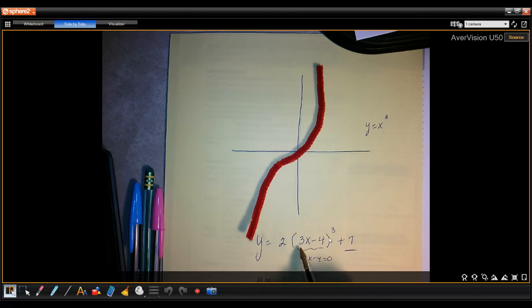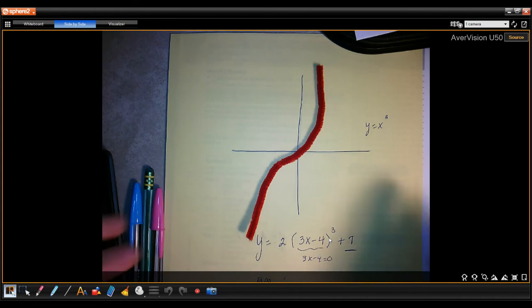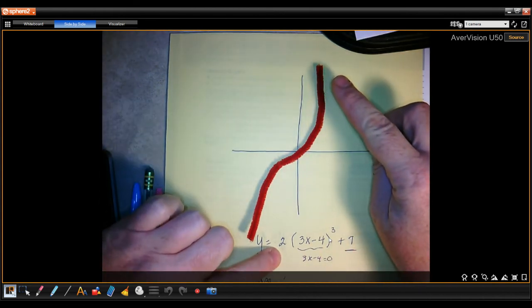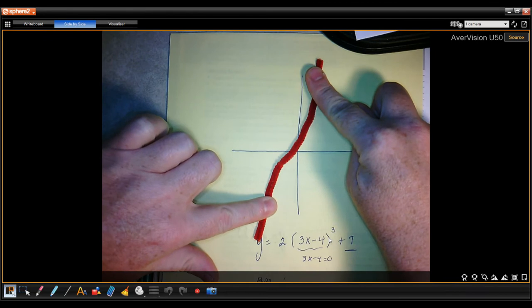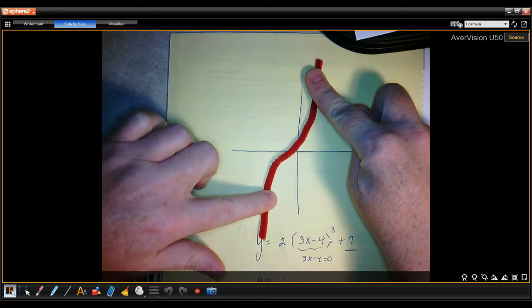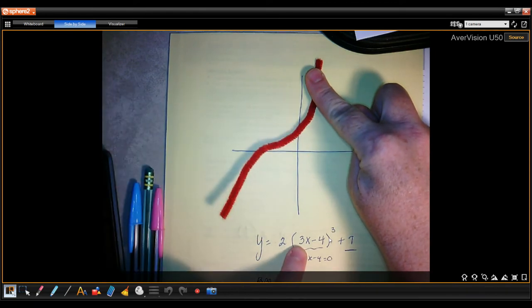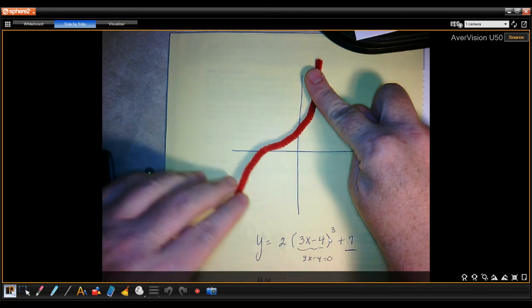But how much is it stretching and compressing? The 2's out here, so that means it's going to be a vertical stretch. So it's going to stretch away from the x-axis, so it's going to get taller, thinner, more narrow. But then at the same time, that's a horizontal compression of 1/3, which means it's pressing towards the y-axis.